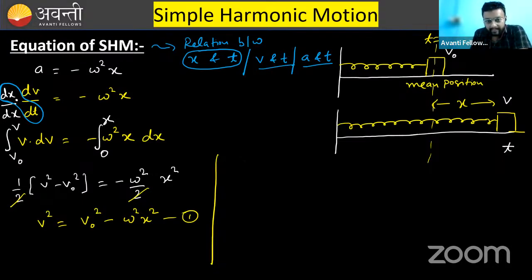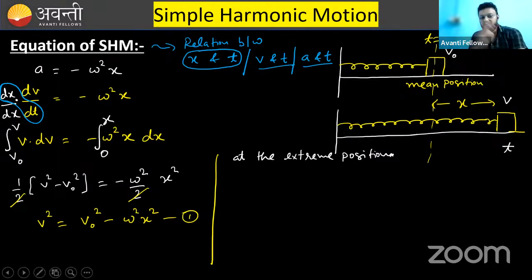So what I'm saying, at the extreme position, do you know the meaning of extreme position? The maximum distance position. Extreme position means x is equal to a. What is a? A is the term amplitude. You have heard that term, I think.